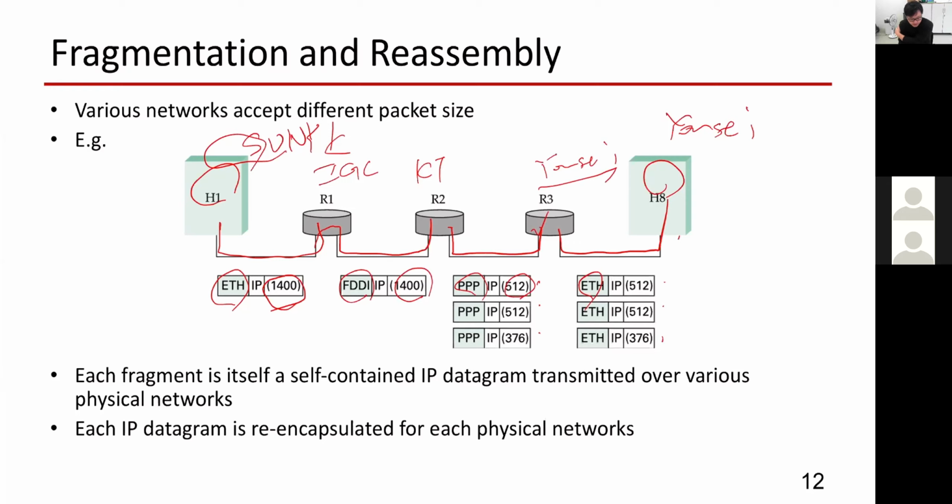Okay, so each fragment itself is a self-contained IP datagram transmitted over the various physical networks. Physical networks are fiber optics, Ethernet Cat7, Cat6, and PPP, point-to-point, just the wire connection. So each datagram is re-encapsulated for each physical layer. That is necessary because I have to talk to someone who is in a poorer network environment than me, right?